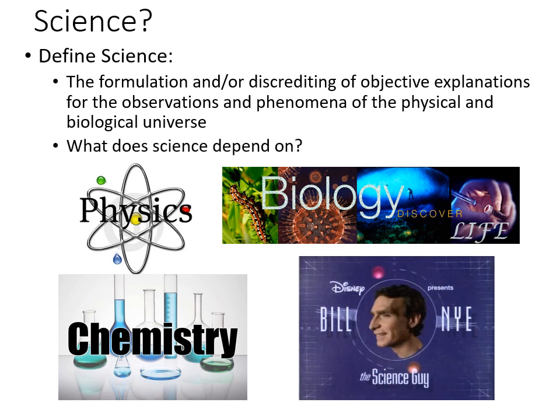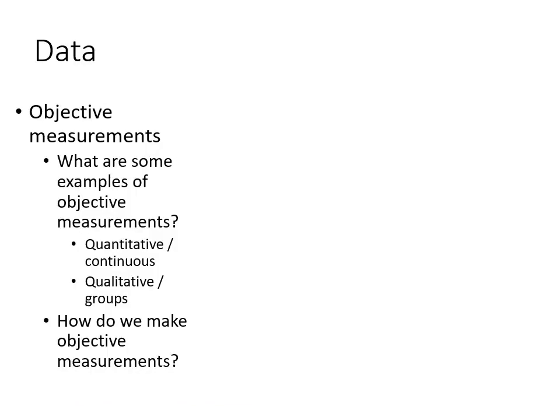What does science depend on then? Well, it depends on us, depends on data, depends on taking information and figuring out what to do with it. So data are measurements that we can accumulate and store and then try and make sense of.